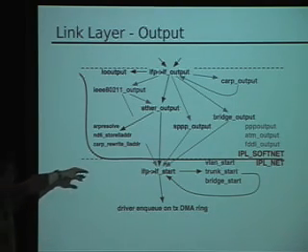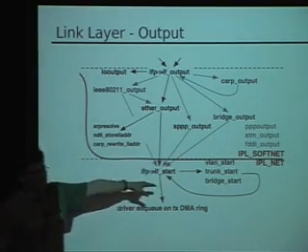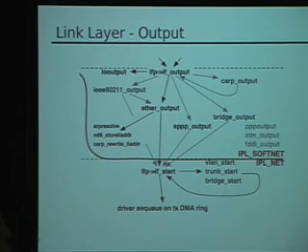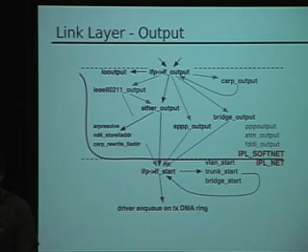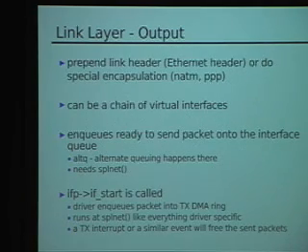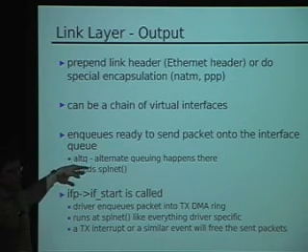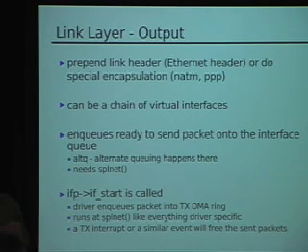But again, here we have this barrier between softnet and the real network interrupt priority level. So here we have to queue again. And that's actually where altq is happening. We enqueue the packet onto the interface output queue, and later on we call the interface start function, which will then dequeue the packet again.